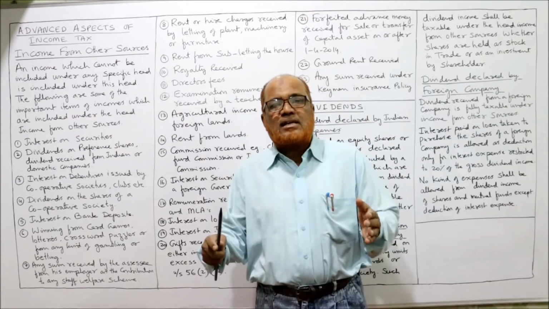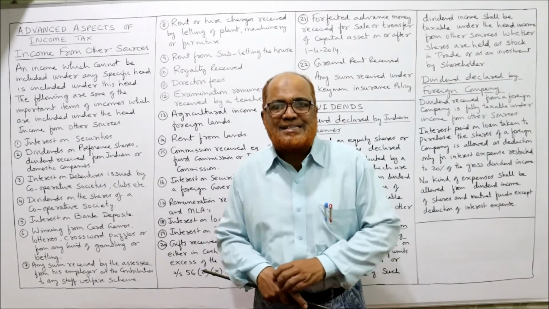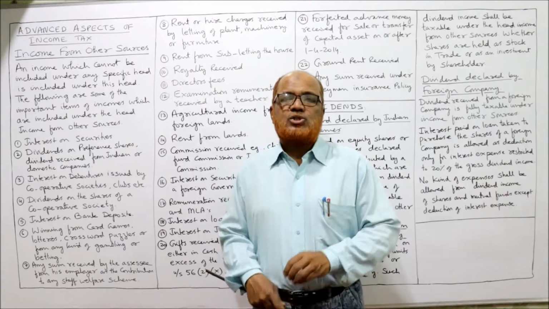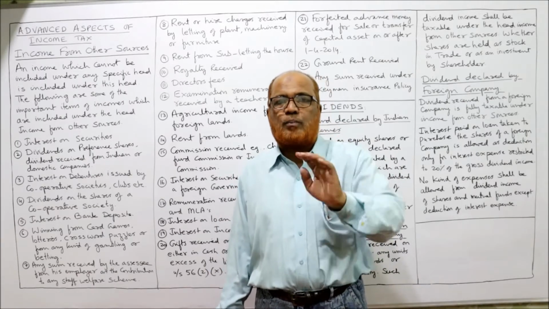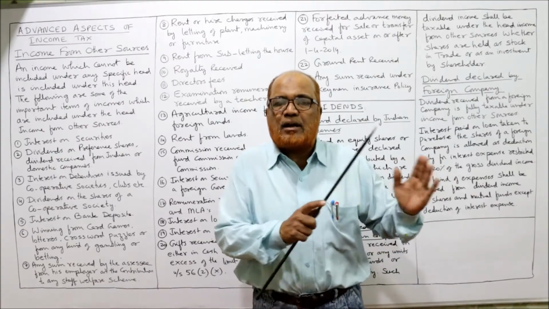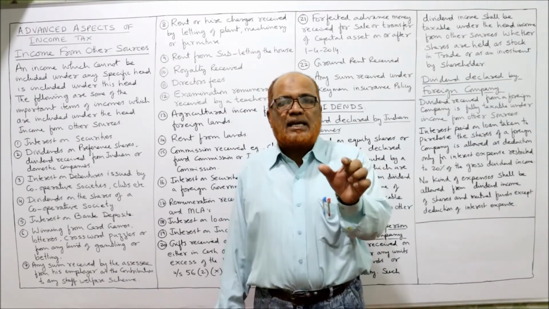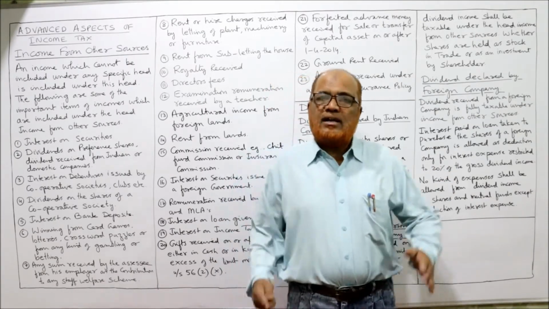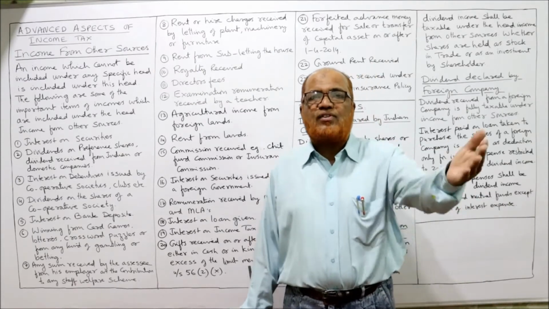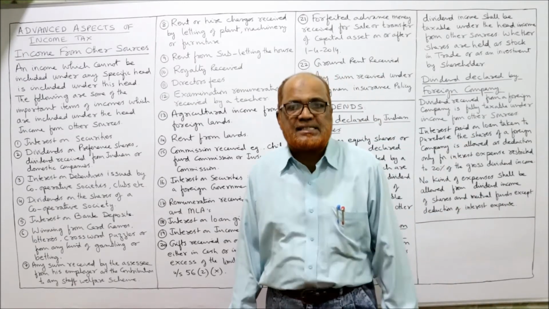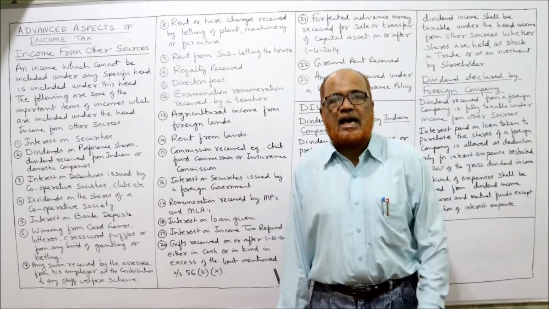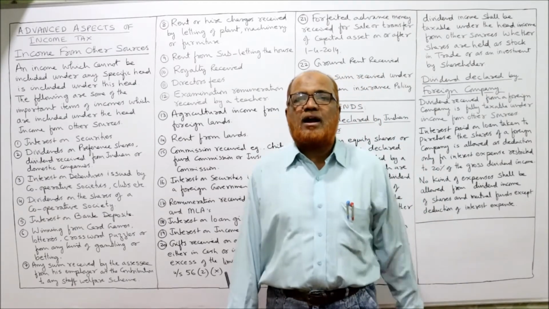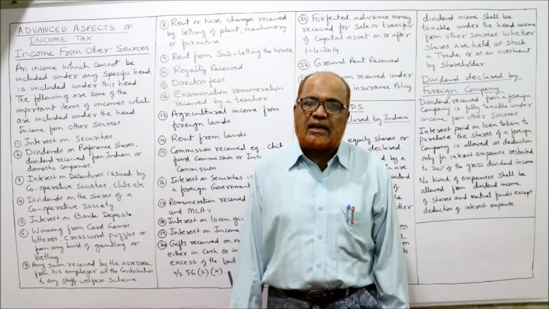Similarly, if a person carries on a business or profession, any profit or gain arising from it is taxable under PGBP. Capital gain: if a person during the previous year transferred a capital asset and a gain arose on transferring it, that is taxable under income from capital gain.